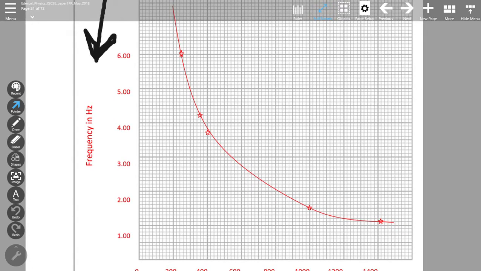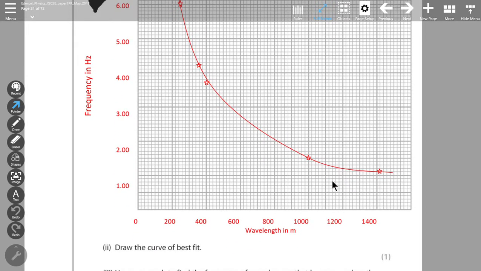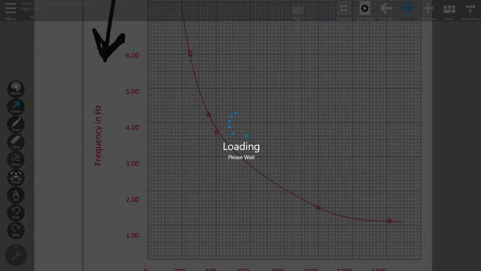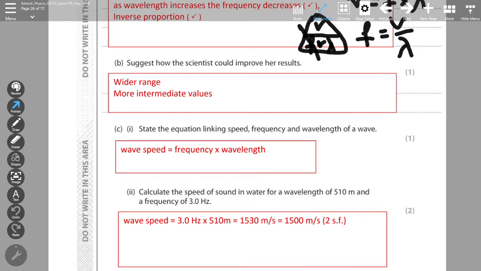We see that first of all we can make a greater range of wavelengths, and we see that in between we have big gaps, so we can put more points here, intermediate points. So a wider range, this is the standard answer, and more intermediate values for this specific experiment.